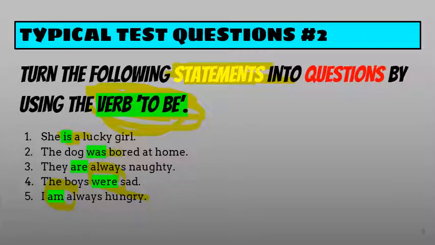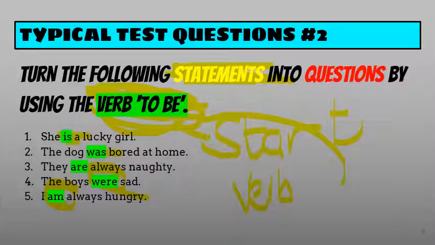Remember, now I have to start my question with my verb to be. That is what I have to do. So let's have a look at what is happening when I convert my statement into a question when my statement contains an example of the verb to be.